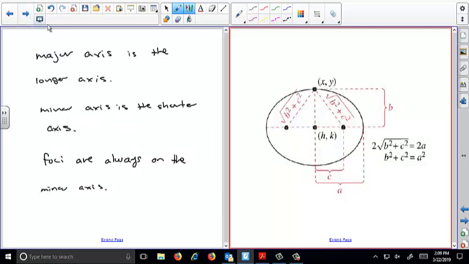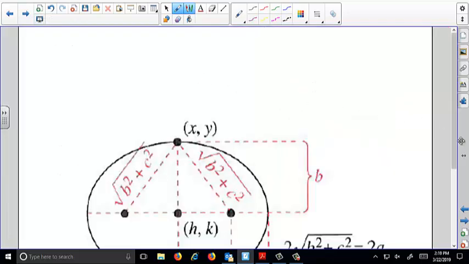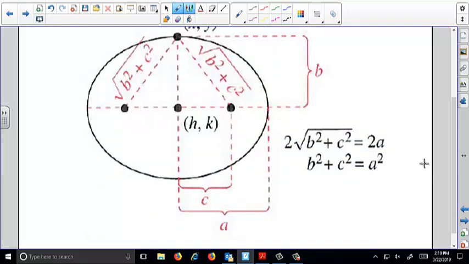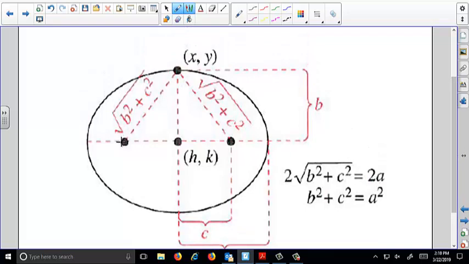So here's kind of a picture. Let me put this on one page so you can see it. This actually shows the focus points. And so let me just define some measured distances here.